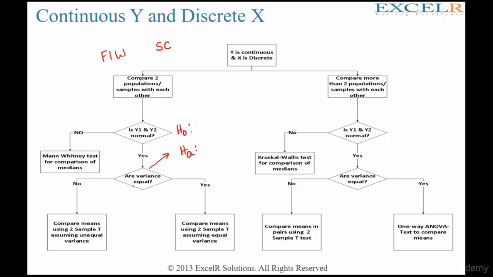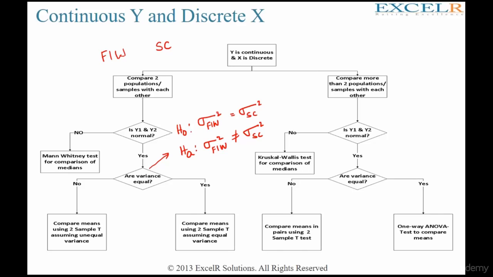So as part of variance test, that is, are variances equal or not, we need to check whether variance of purchases because of full interest rate waiver is equal to variance of purchases made because of standard Christmas promotion, or is it not equal? This is what you need to test.